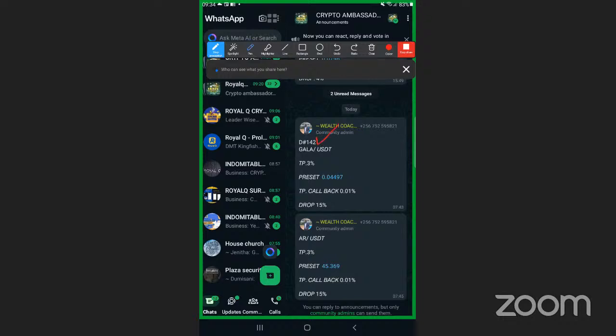Don't worry about the signal number appearing on top there, it is for the signal developers or originators. You just need to know that this is the name of the pair that you are going to trade.